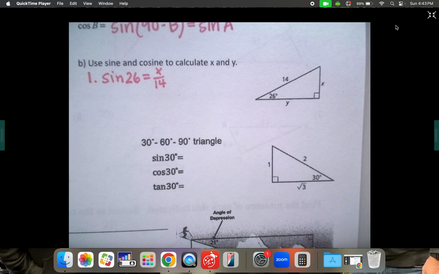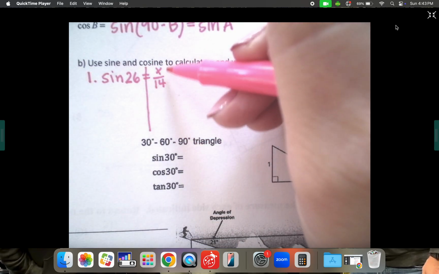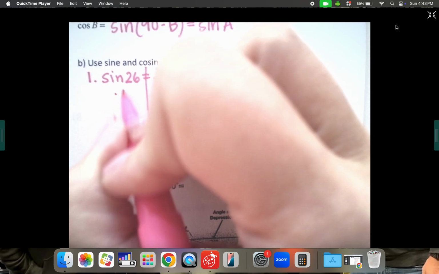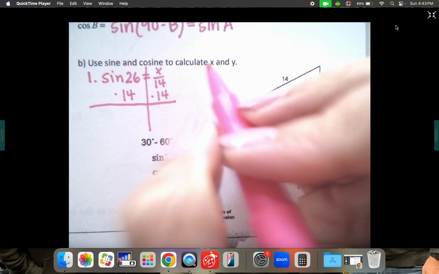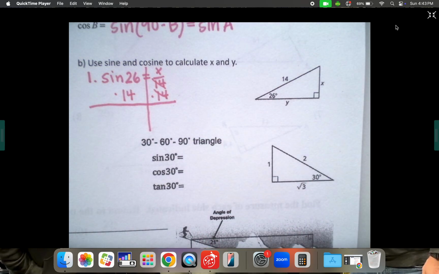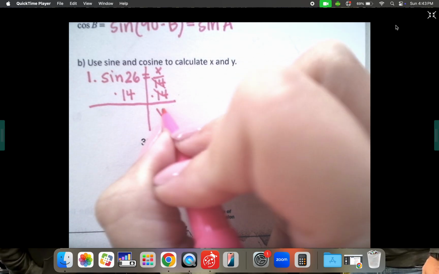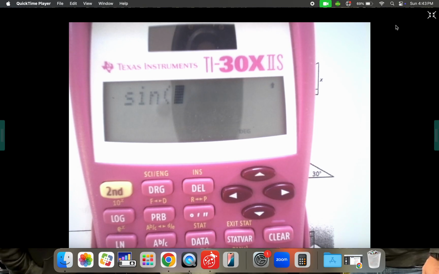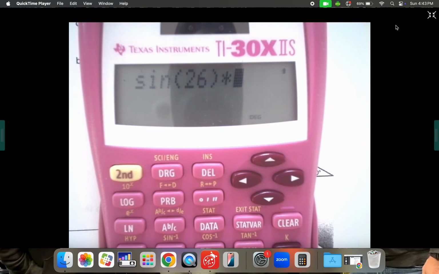To solve for x, which is being divided by 14, you're going to multiply by 14 on both sides. You did this a lot in the previous lesson with tangents, so I'm sure you already know how to do this. It's not going to come out pretty, so x is about sine of 26 times 14, which should be about 6.1.